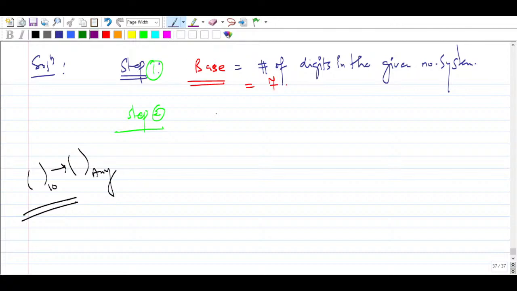That you have to take care of, right? 81 is there, and we have to divide by base 7. So if you take it like this, what will you get here?